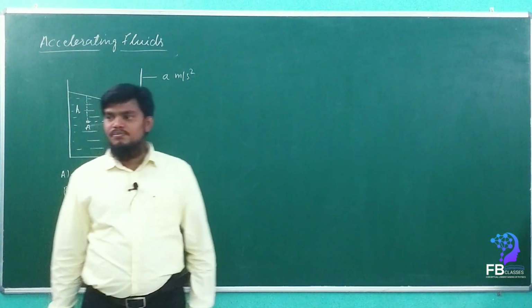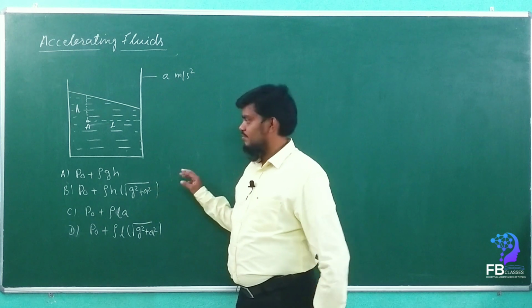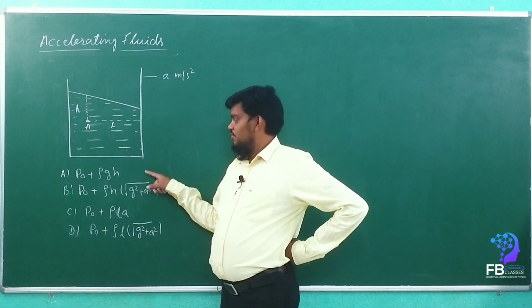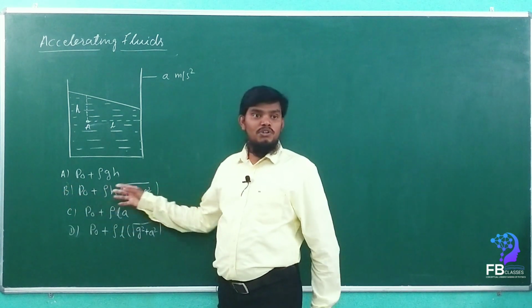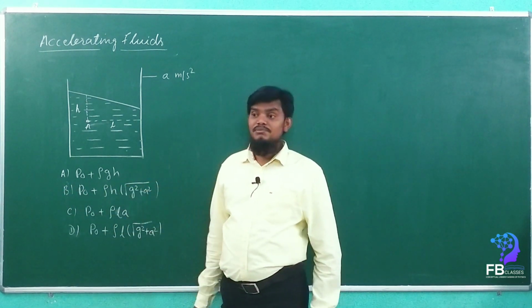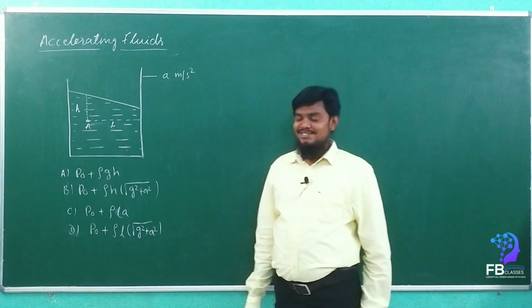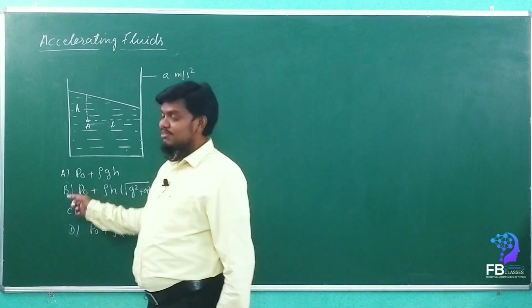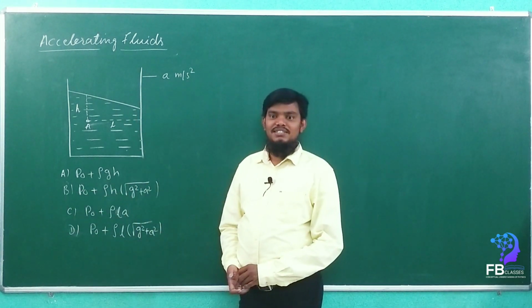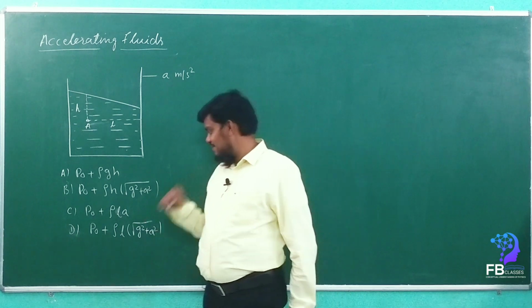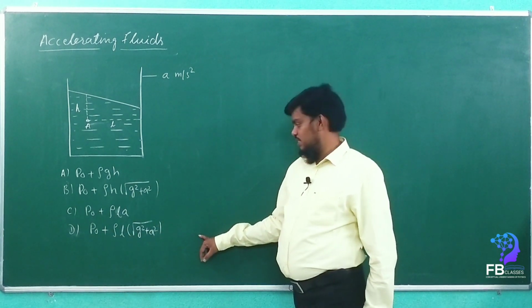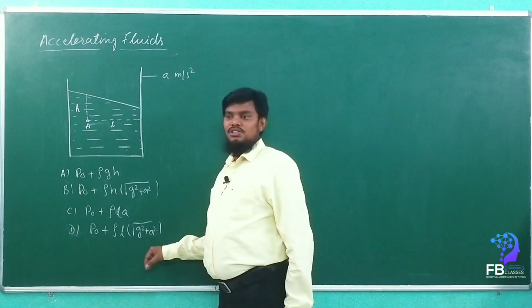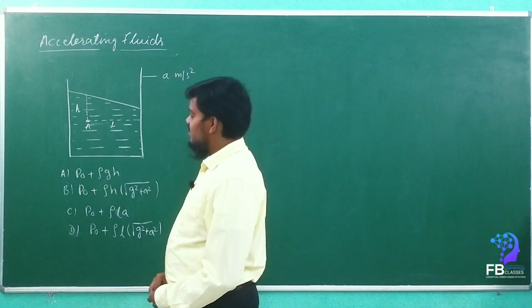What is the answer? A. Who will say B? B, two. C, five members. D, three members. Okay, we can solve the problem.